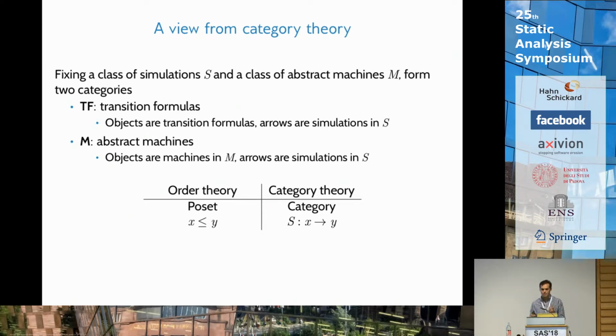So we want to be able to distinguish between different simulations between two different machines. Right, so the whole reason that we're using category theory is just to be able to make those kinds of distinctions. So you might think of a category as really just like the Hasse diagram, except I'm going to use labeled edges instead of unlabeled edges.